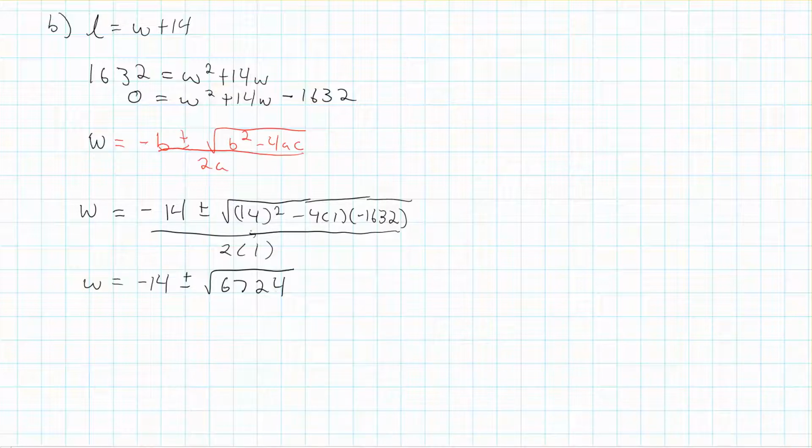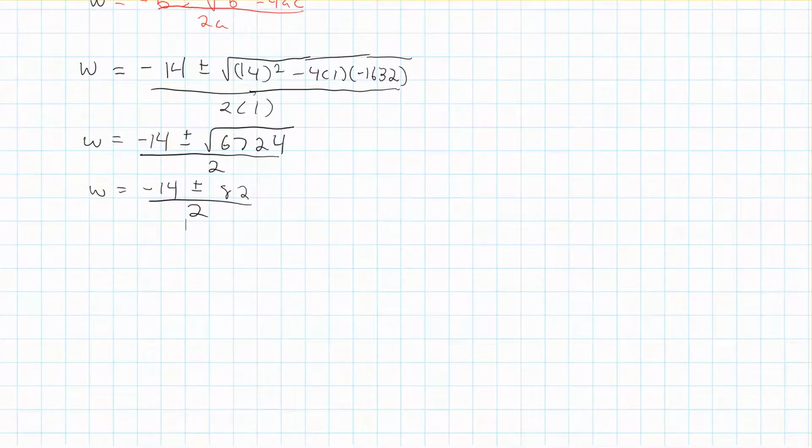That's just simplifying everything up there, divided by 2. Now it turns out that 2,704 does actually have a perfect square root. This turns out to be that W is equal to negative 14 plus or minus 52 over 2.